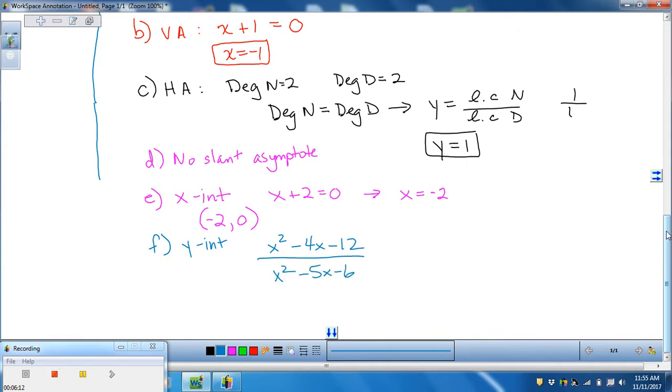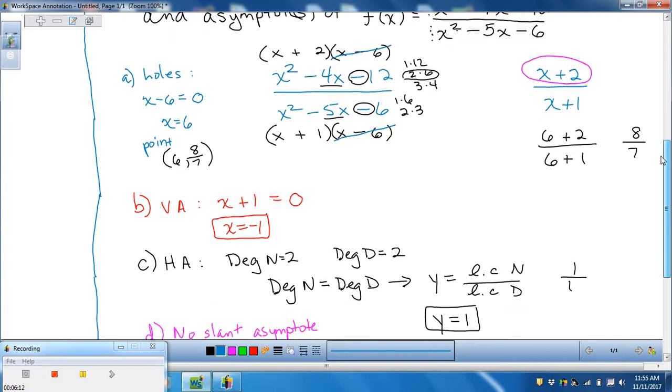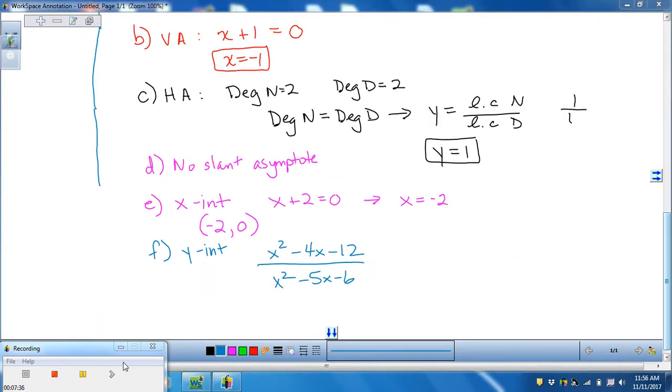So when we plug 0 in everywhere into the function, this will become 0, this will be 0, this is 0, this is 0, so we end up with negative 12 over negative 6, and that is equal to a positive 2. So that's our y-intercept. So writing that as an ordered pair, we get the y-intercept 0, 2.